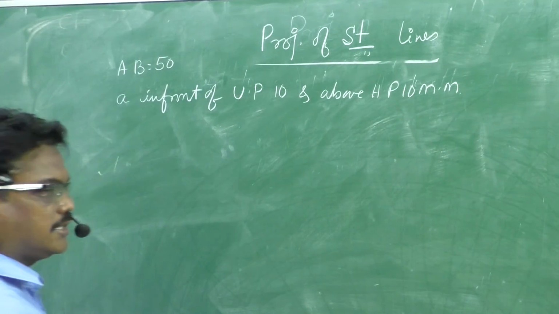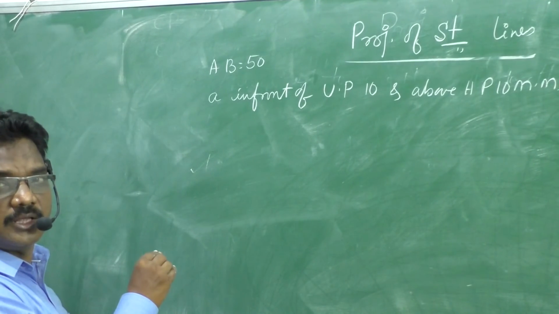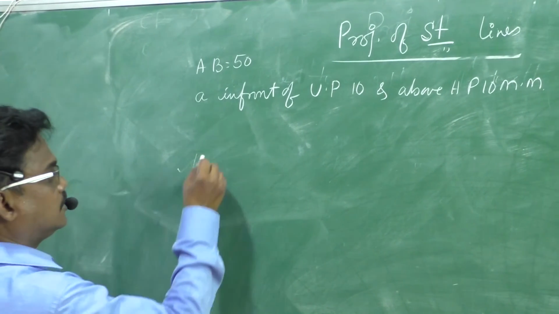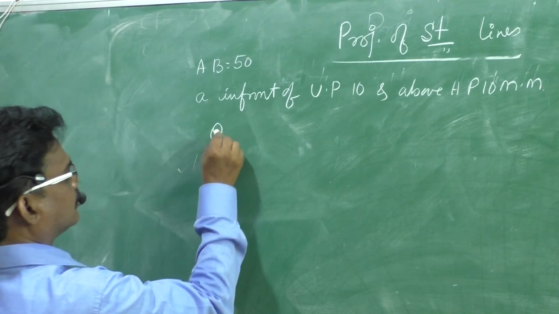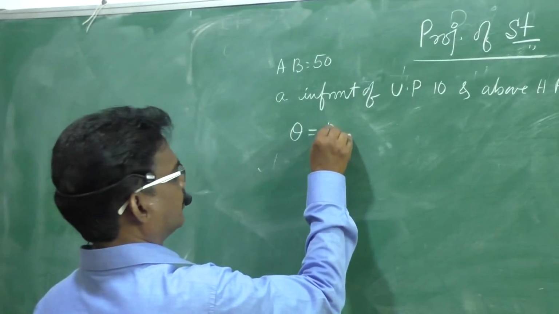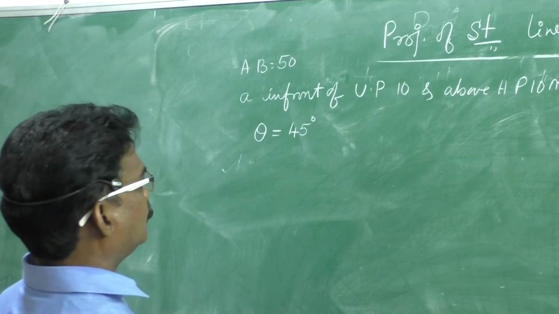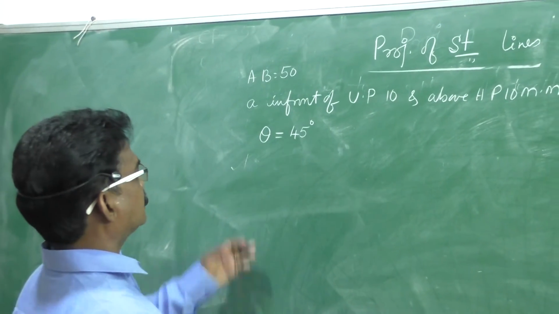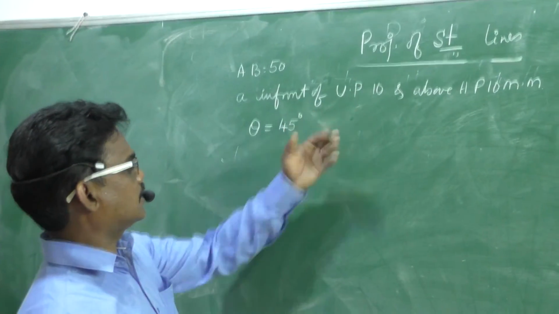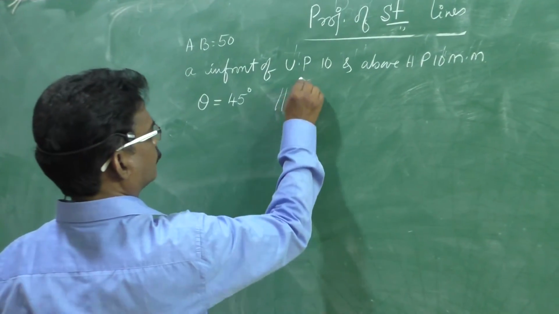And this line is inclined to HP. Here the inclination with HP we can call theta. Theta is equal to 45 degrees. And the lower end position is already given. It is parallel to VP.